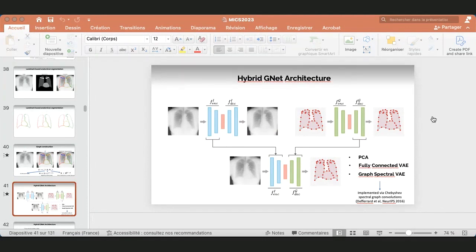Okay, thank you. Do you have my voice? Yes, we hear you. Okay, thank you for your great presentation, Mr. Ferrante. I saw that in the hybrid GNet architecture, you use the Chebyshev spectral convolution. For the hybrid class that you used and also your reference in GitHub, the number of samples is few. You talked about big data.